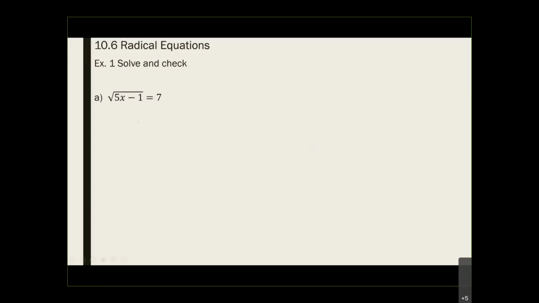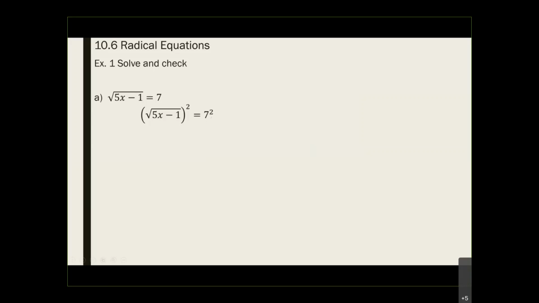Why? Because now, how do we get rid of the radical? Well, to get rid of the radical, we need to square them, because a square and a radical will cancel each other out. If I square one side, I have to square the other side. I square the square root, so the square and the square root cancel out, and I square the 7.